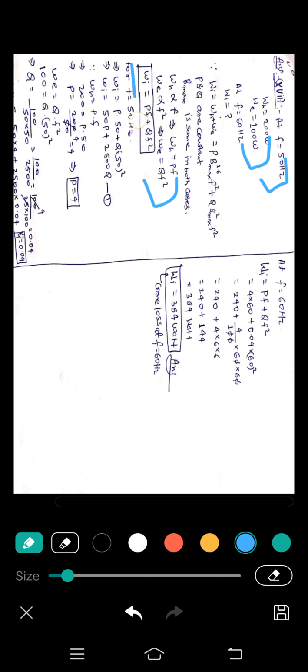If you put the frequency, the condition is 50P plus 50 square into Q.